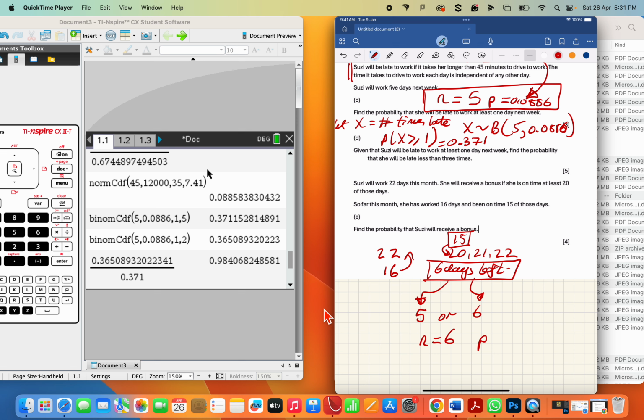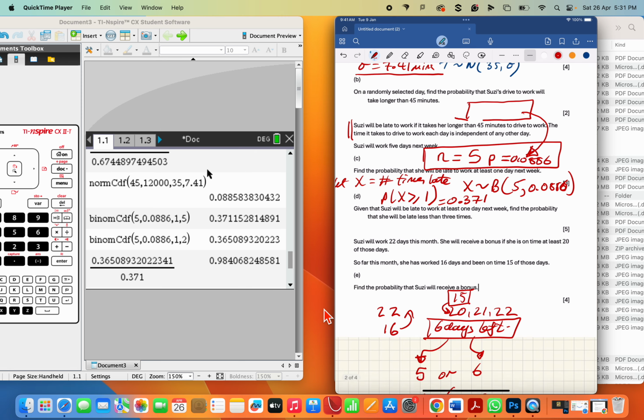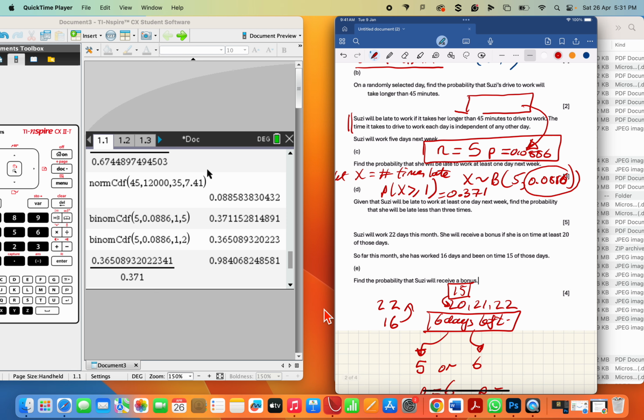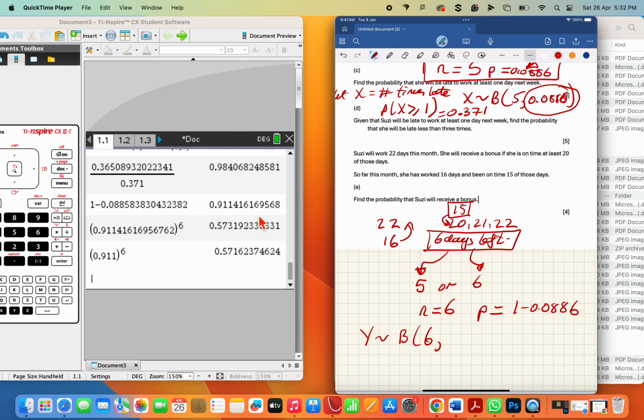The probability that she's on time, I think we had that from before, right? This was the probability of being late, 0.0886. So the probability of on time is 1 minus 0.0886. So let y be a binomial, 6 here, and the probability of success, putting it in my calculator, being on time is 0.911.